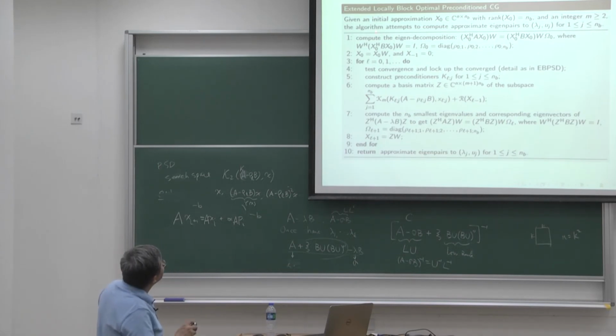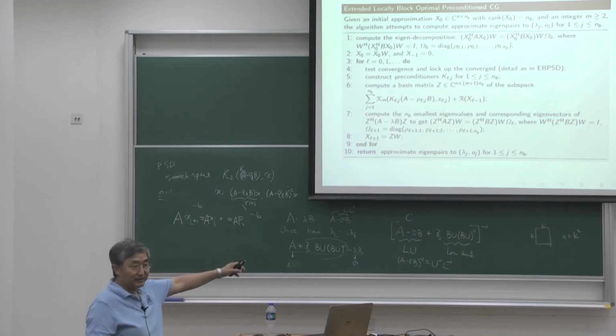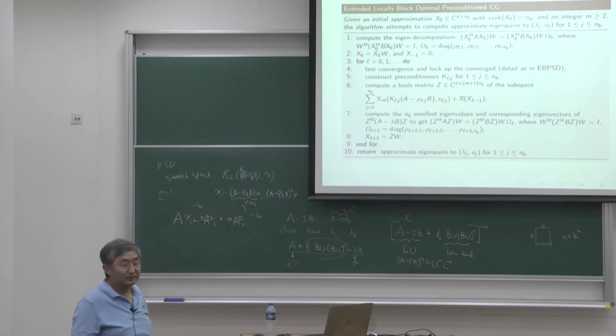Locally optimal CG, locally optimal block preconditioned CG, and you see the code, how different. Look at that compared to SD; it will be just that. You add to the space in SD the previous vector, the previous approximation. That's all there is to it. But the implementation is going to be different.